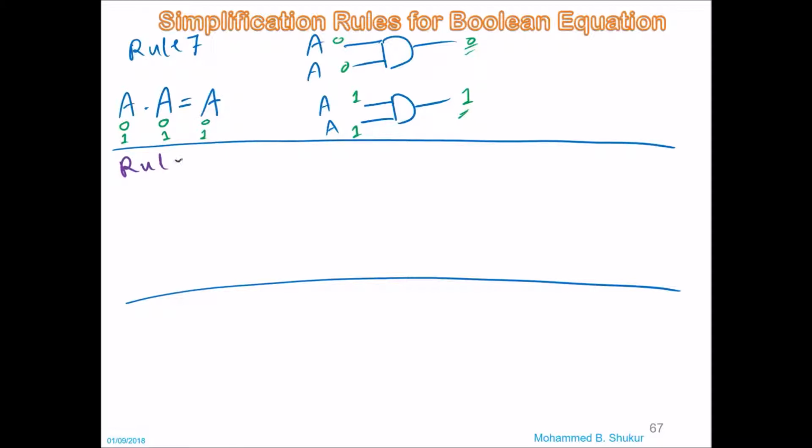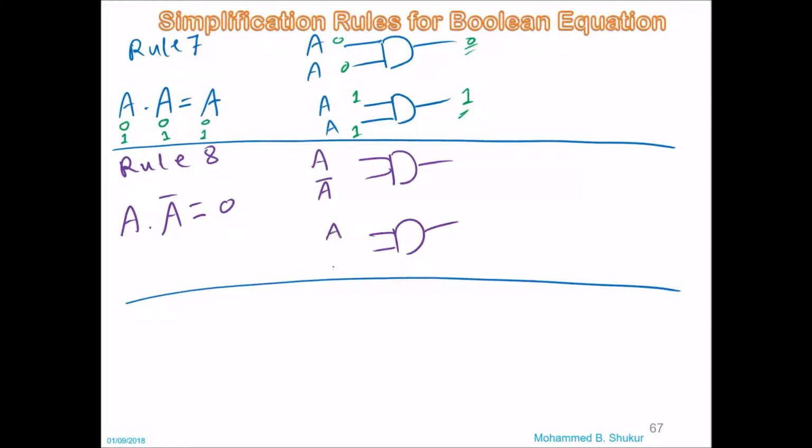The next rule is rule number 8. In rule number 8, we have A and A bar equal 0. Okay, so we have an AND gate, and we have two inputs, A and A bar.